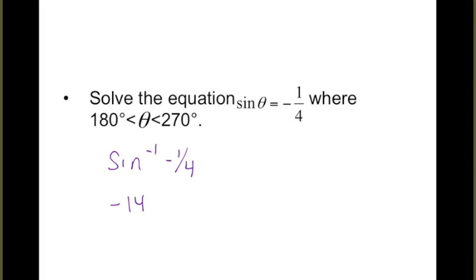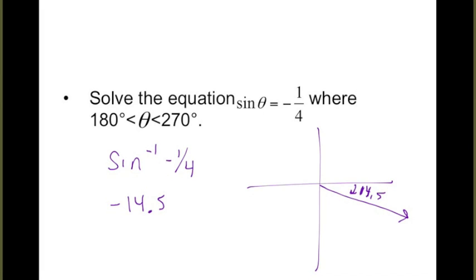And the calculator tells me that is -14.5. That's a little bit of a problem because my answer is supposed to be between 180 and 270, and -14.5 is definitely not in that range. Our calculator gave us an answer of negative 14.5 degrees, if we graph it out.